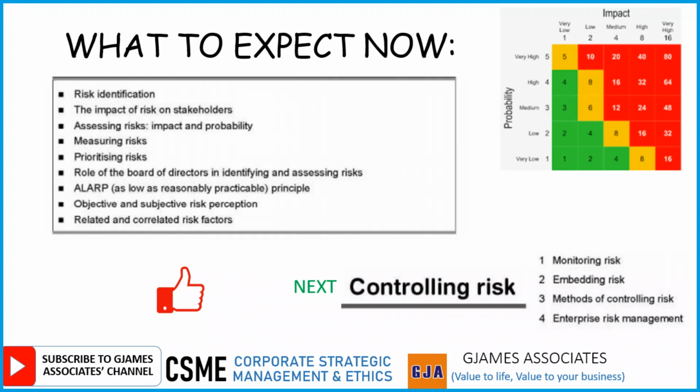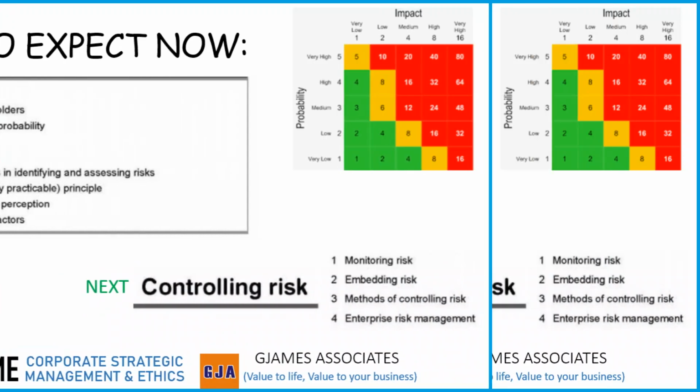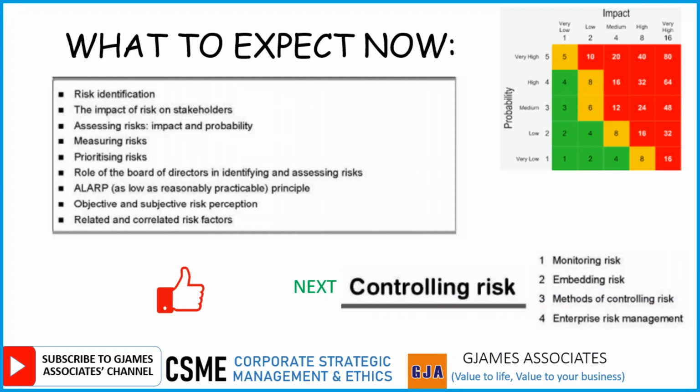Objective and subjective risk perception. This is the perception that belongs to us as managers, as business owners, as executives, board of director members. Objective risk perception, like before we said, must be quantifiable, while the subjective risk perception is not quantifiable.